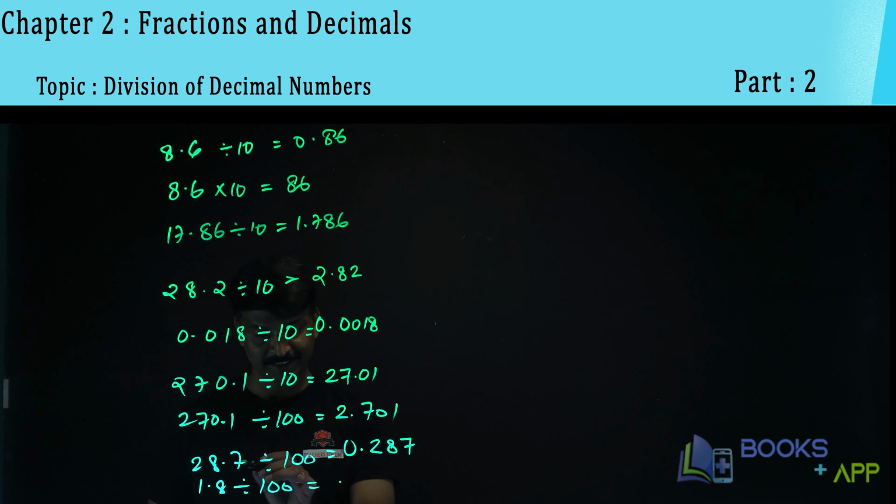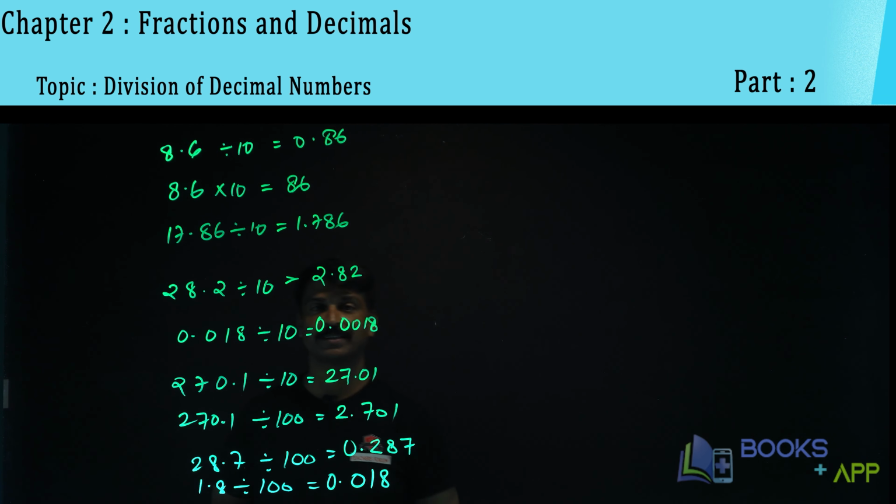So 0.018, because 2 positions should jump. 1, 2. So you should add a 0. What is this answer when you multiply by 100? Multiply by 10, it becomes 18. Multiply by 100, it becomes 180. So divide by 100, 2 positions should jump backward. So it becomes 1 jump, 2 jump, 0.018.